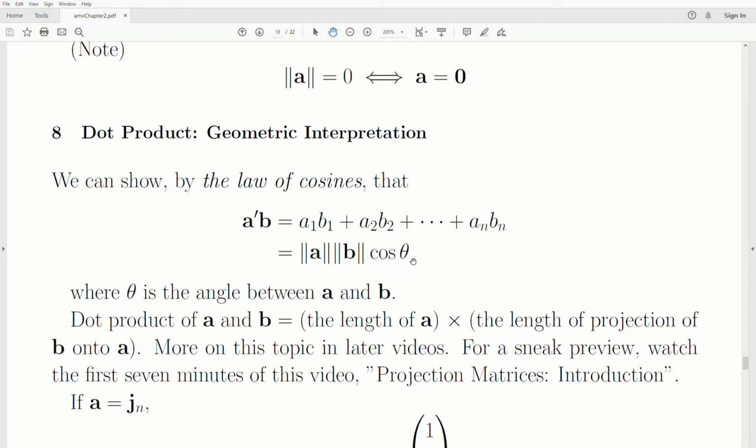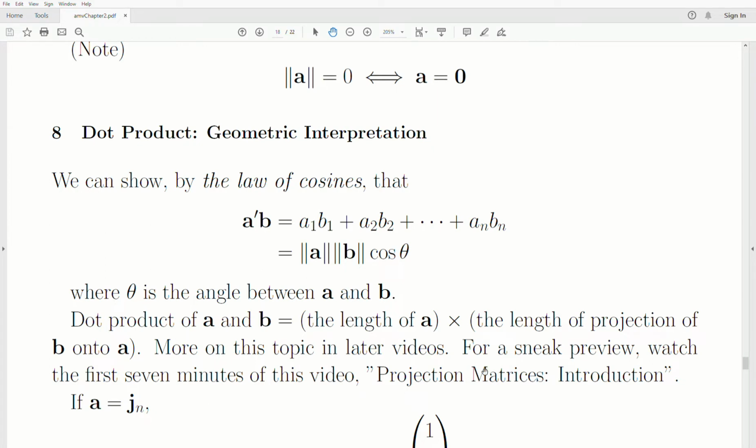There's an angle between those vectors, and that's what theta represents. So the dot product, A transpose B, is the length of A times the length of B times the cosine of theta, which is really the length of the projection of B onto A. And that's all we're going to do in this video.